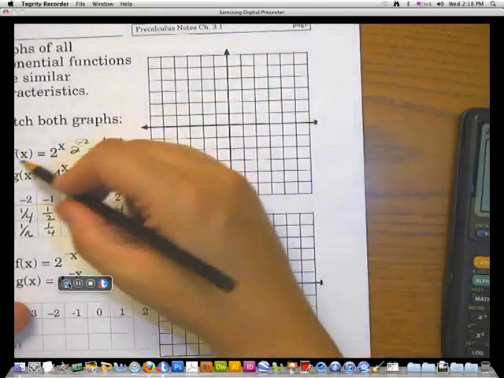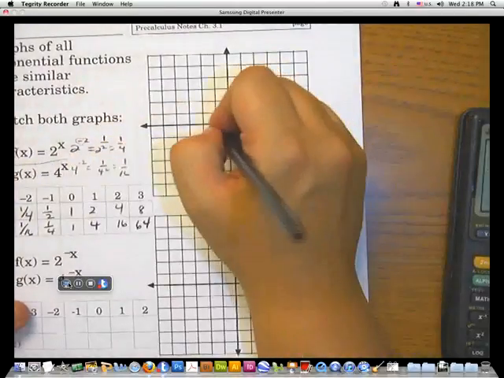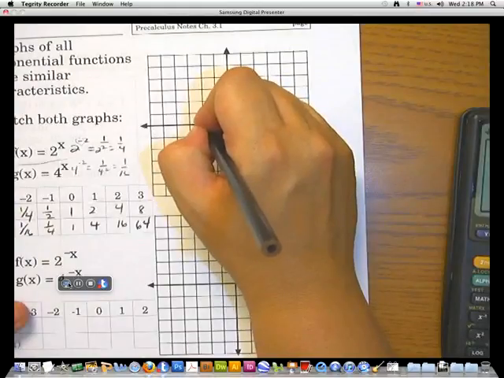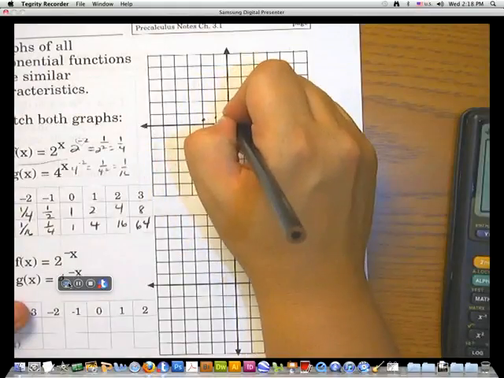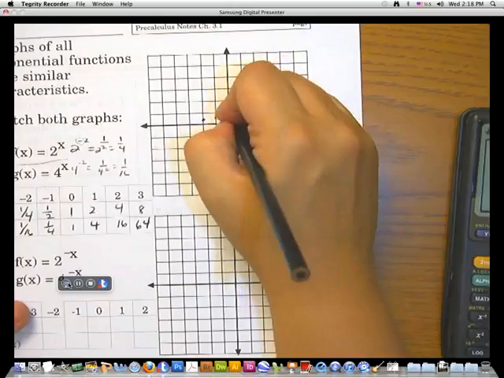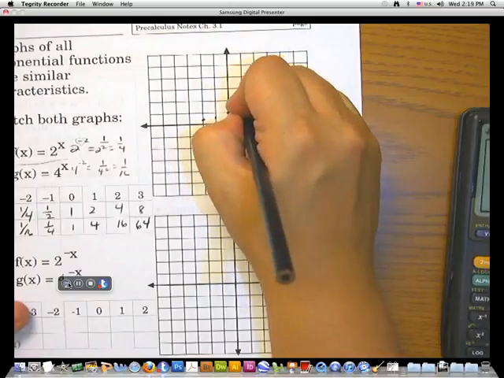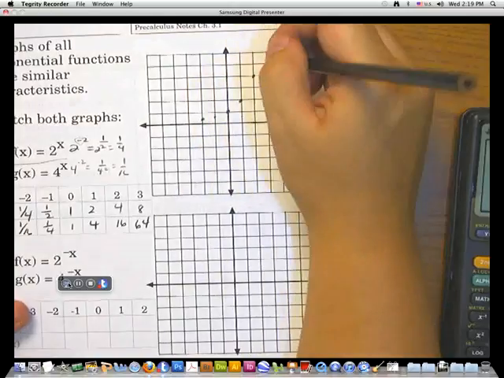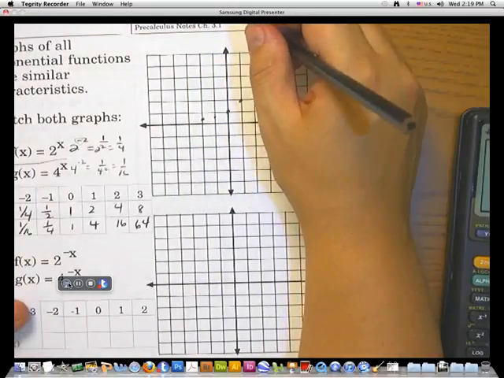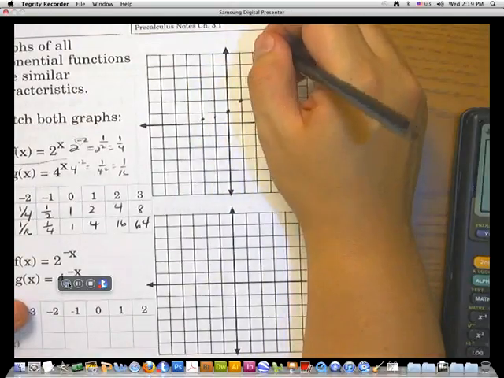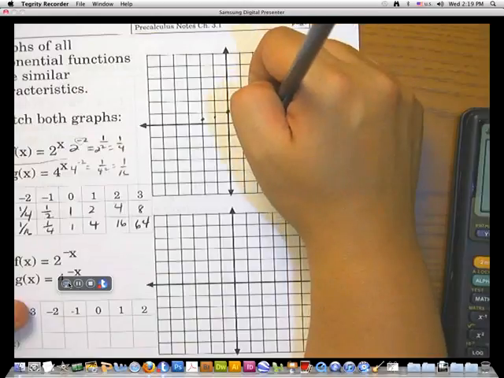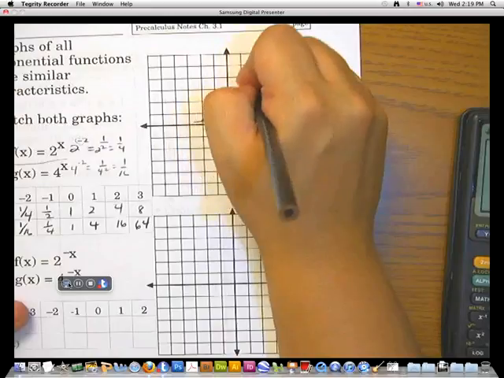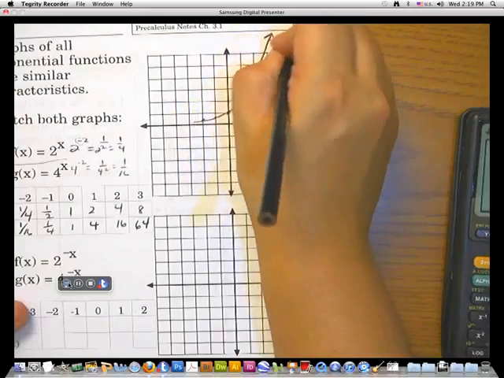So when my f of x equation, at negative 2 I had 1/4, 1/2, 1, 2, 4, and then we're off the charts up here at 8. And that's our f of x equation.